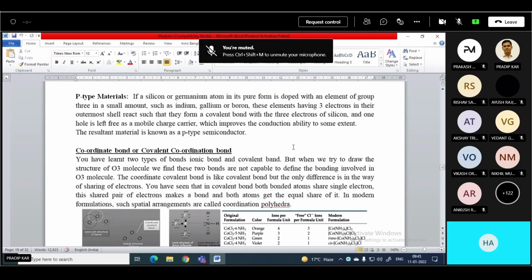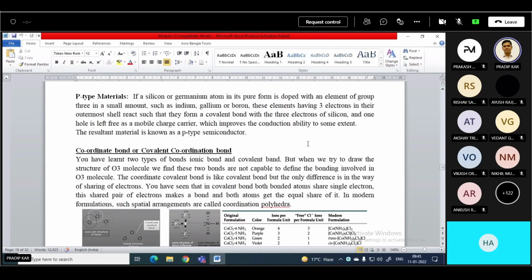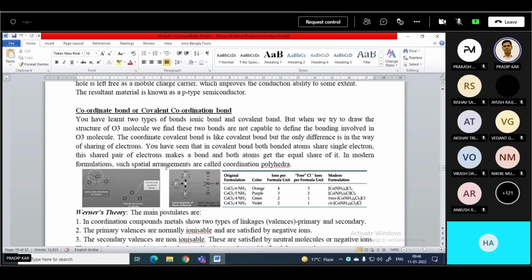But when we try to draw the O2 molecule, we can draw it by fulfilling the octet rule. But when we try to draw the O3 molecule, it is difficult by considering the octet rule. It is also difficult drawing it using the Lewis dot structure. O2 is easy to draw.